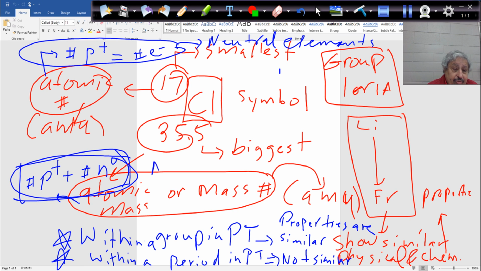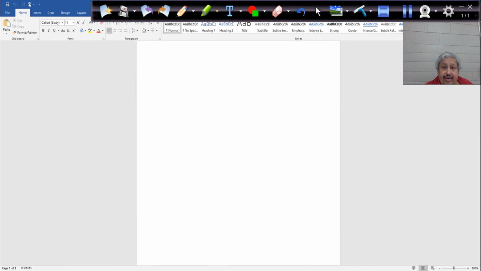So neutral or not, protons plus neutrons will give us the atomic mass. The neutrons have mass but no charge, and the protons have positive charge. So can I take this one out? Let's do this one here. Now let's do this.